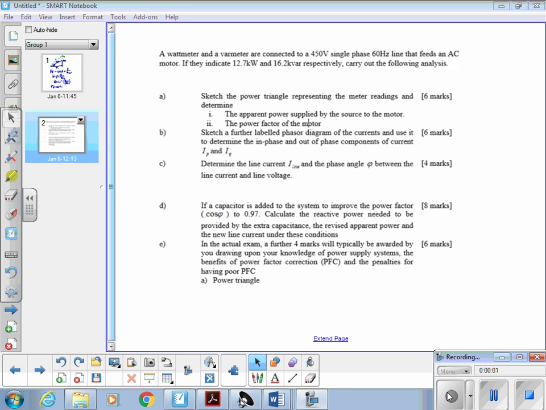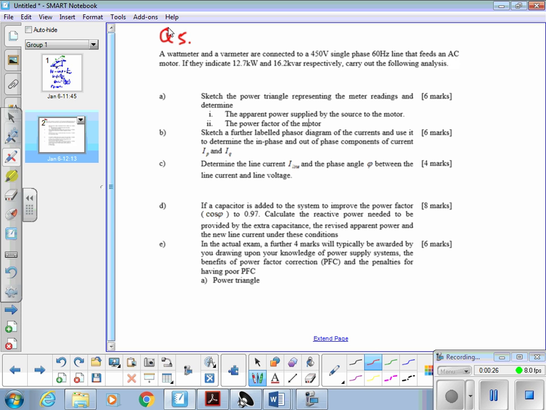One thing we'll have a look at today, by request, is question 5 in the practice paper. What you've been given is some readings for the watt meter and a var meter of a system connected to a 450 volt single phase 60 hertz line feeding an AC motor.